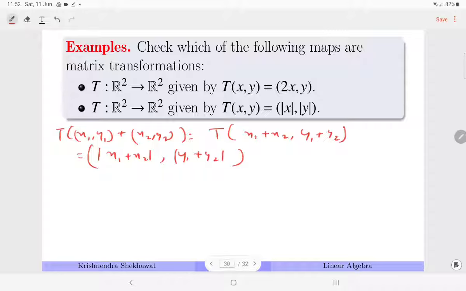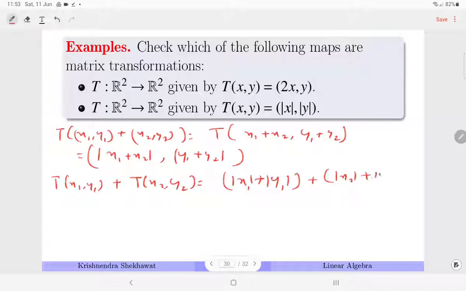If I compute the right hand side, which is T of (x1, y1) plus T of (x2, y2), this becomes (mod x1, mod y1) plus (mod x2, mod y2), which is (mod x1 plus mod x2, mod y1 plus mod y2).